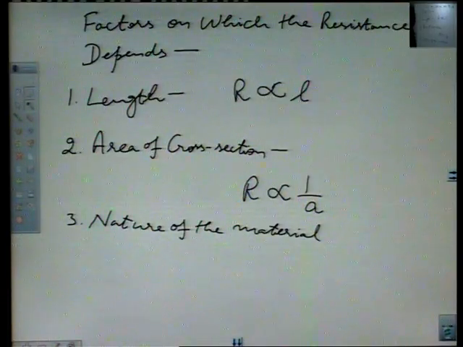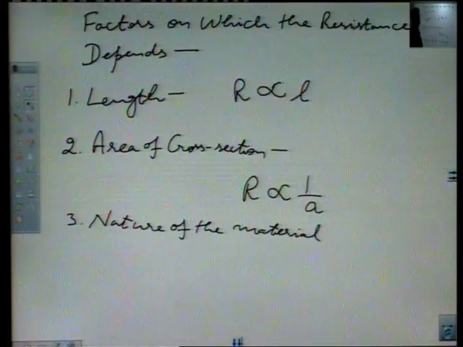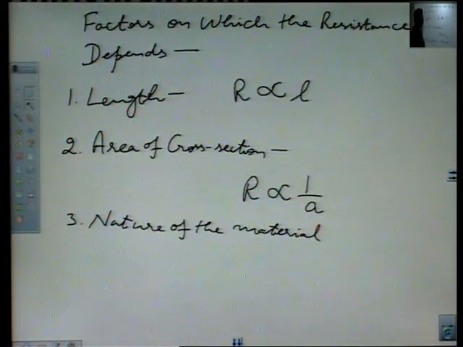If you take two wires, one of copper and the other of iron, both wires having the same length and the same area of cross section, obviously the resistance of copper is much less than that of the iron wire. Though their lengths are the same and their areas of cross section are the same, this indicates that the resistance of the material also depends upon the nature of the material.